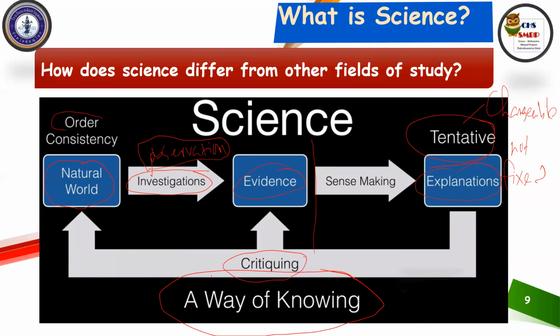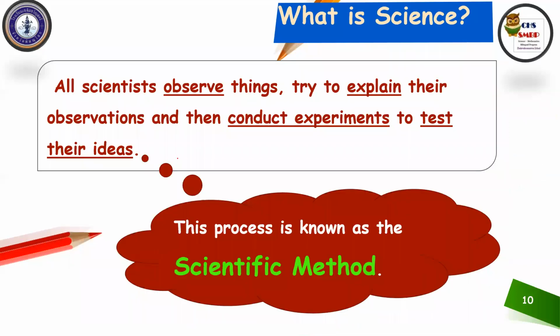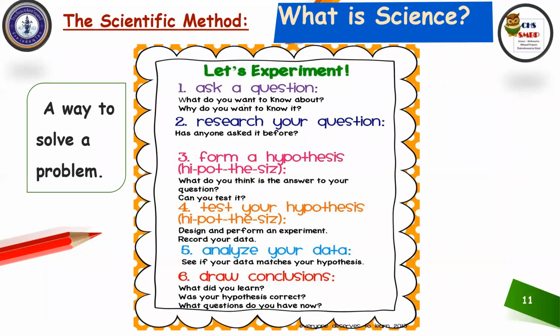the things around us. All scientists observe things, try to explain their observations, and then conduct experiments to test their ideas. And this process is known as the scientific method. Now, there are several steps in the scientific method.